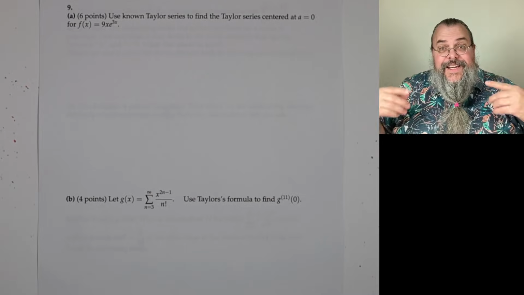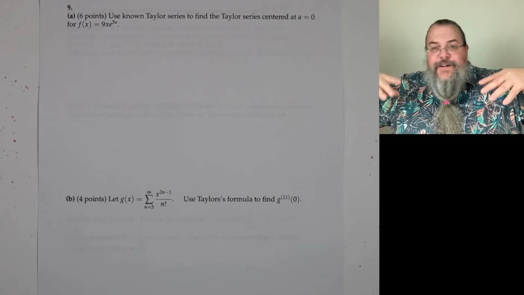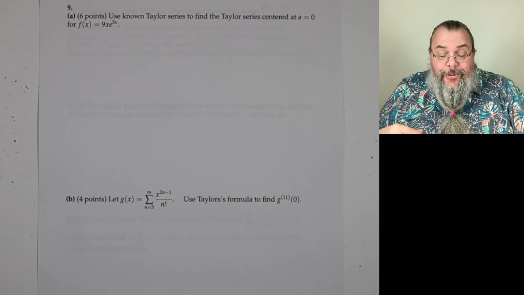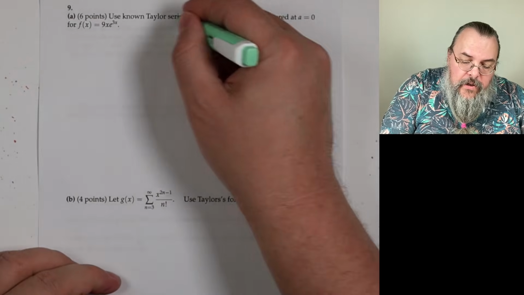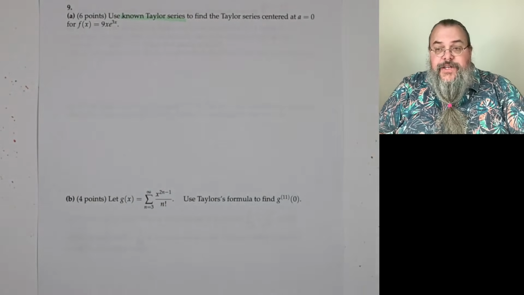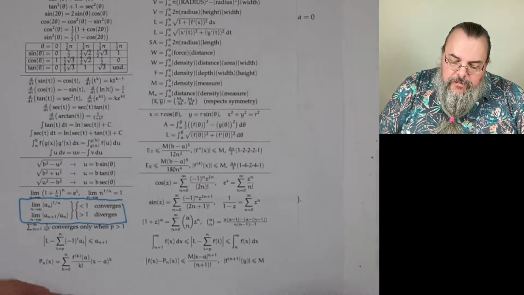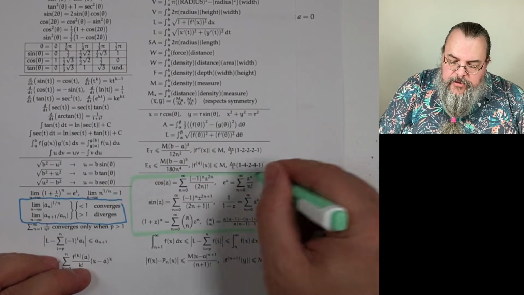So notice what it's saying, not telling us to do. It says, hey, don't find the Taylor series from scratch. It says, build off of stuff you know. So we're like, oh, cool. So let's look at our arsenal of Taylor series. We have a whole bunch written into our formula sheet.